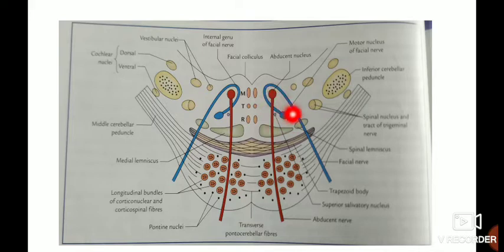The motor nucleus of the facial nerve lies ventrolateral to the abducens nucleus, and the fibers of the facial nerve wind around the abducens nucleus, producing the facial colliculus. They run in between the motor nucleus of the facial nerve and the spinal nucleus of the trigeminal nerve, and emerge at the pontomedullary junction just lateral to the abducens nerve.